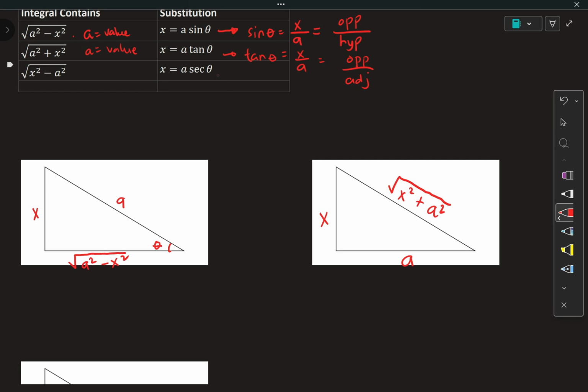Then we also have secant theta, which is equal to x over a. We know that secant is the reciprocal of cosine theta.